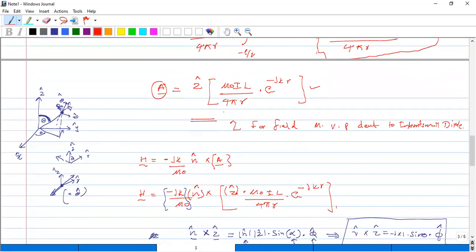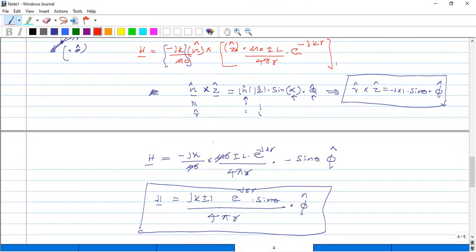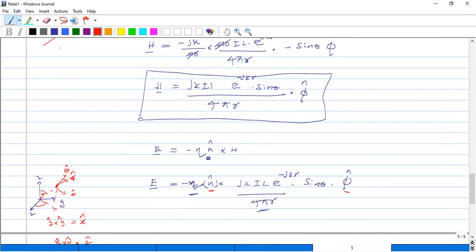So if you consider the H field, due to the infinitely small antenna, the H field is in the 5 direction. That means inside the paper, this is the 5 direction, this is the magnetic field. And the electric field is in theta hat.